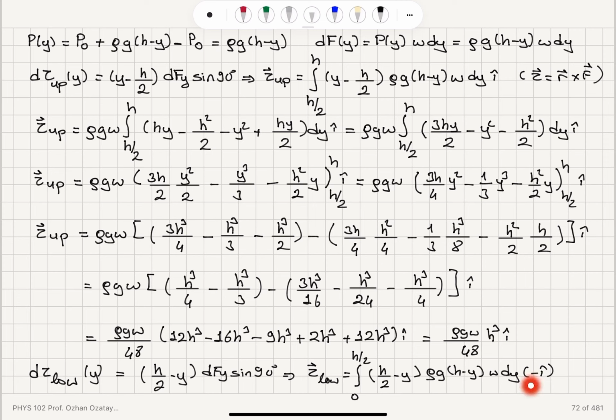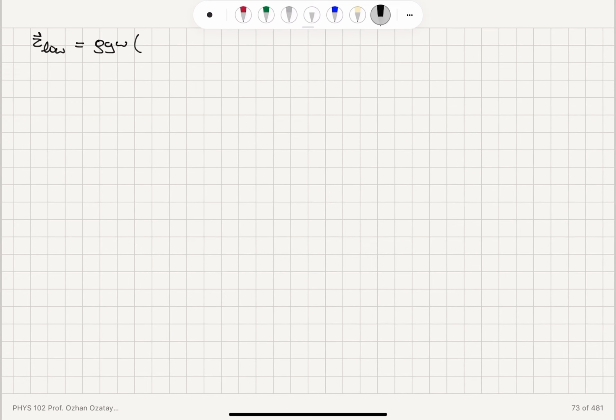And here I have this minus i hat. So if I operate this minus sign here, this actually becomes y minus h over 2, the same thing as this one. So therefore, I can use this result here, the same result that I obtained when I performed this integral. Okay, so because of this minus sign making this y minus h over 2, it is exactly the same as the top one.